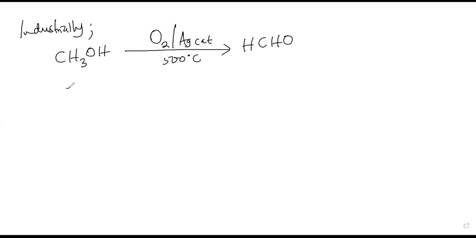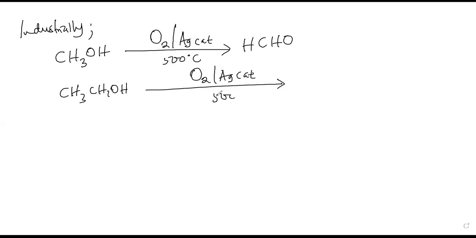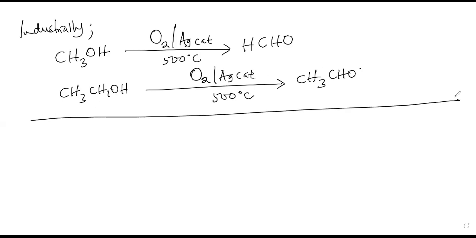If you have ethanol, CH3CH2OH, and you oxidize it using silver catalyst at 500 degrees Celsius, we shall form ethanal, CH3CHO. So all these methods can work.